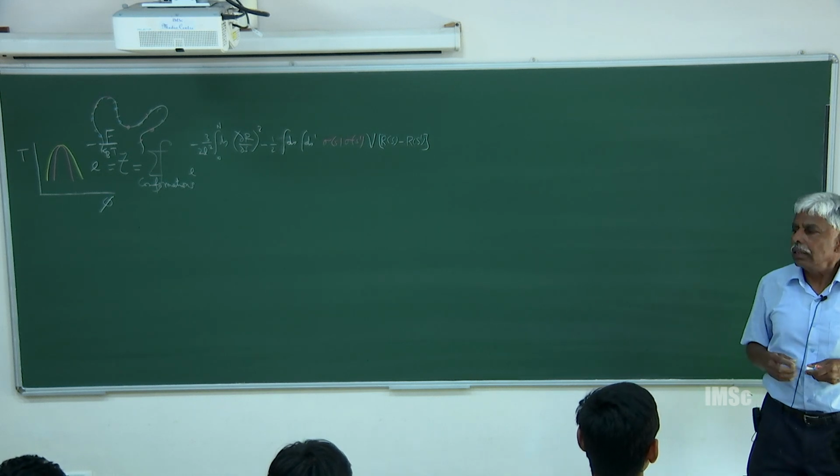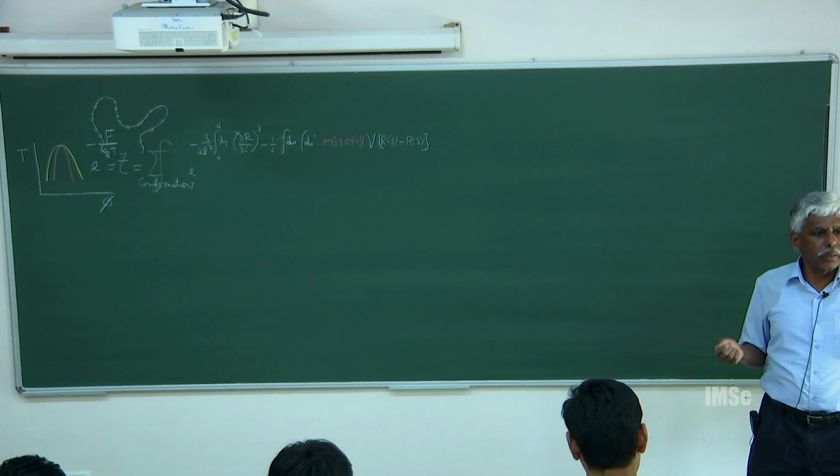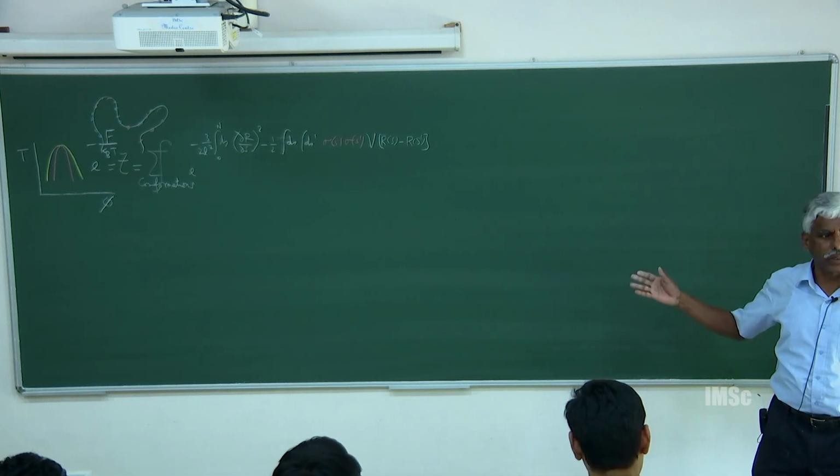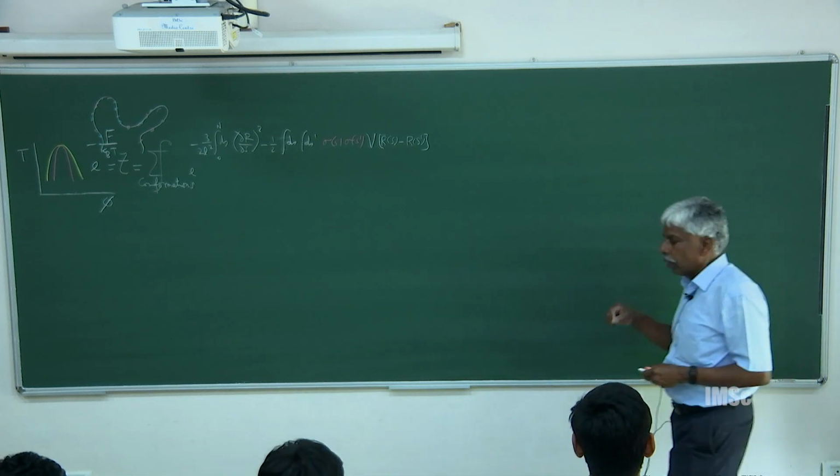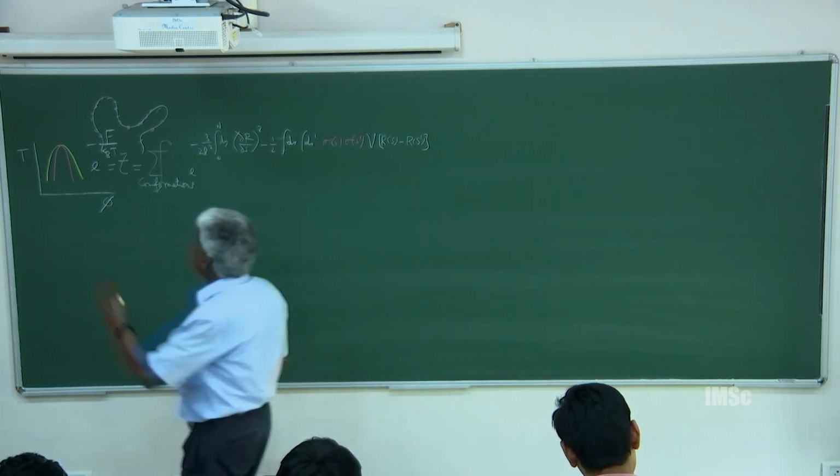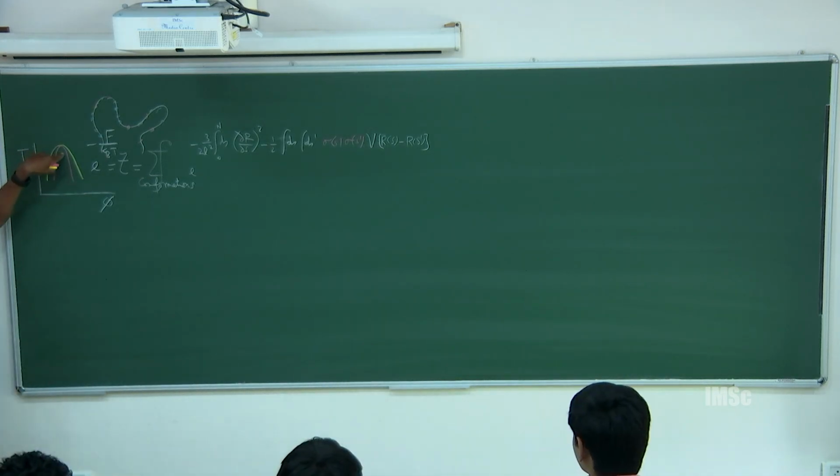And then we calculated the entropy of mixing in the mean field way, and then we calculated the free energy. Right? And once you calculate the free energy, you can calculate the phase diagram, which we did in the last lecture: how to compose a phase diagram once you have the free energy.